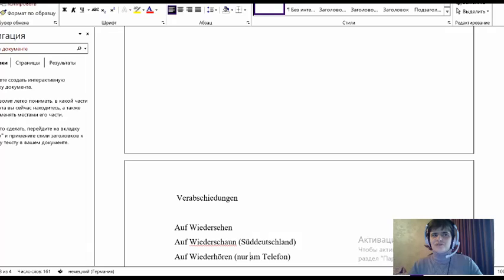So when you're talking on the phone, you only hear this person. And that doesn't include the phone only. It can also include Skype or any other app that you might be using for making calls. As long as there's no video, you can only hear the person. But if you are on Skype and you are using the webcam, you can see the person, then of course you can say again Auf Wiedersehen.